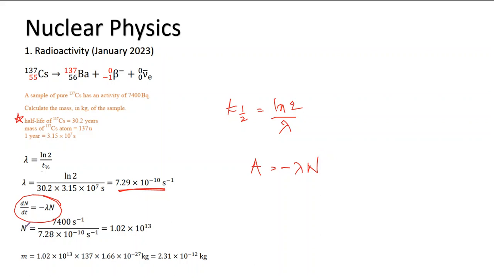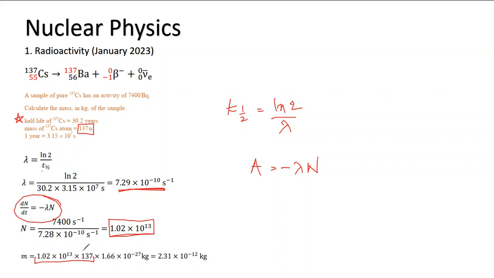Then you find out N. You find out that this is the number of atoms. If one atom has a value of 137 u, u is unified atomic mass, then 1.02 times 10 to the power 13 would be equal to 1.02 times 137, but that would be in u.